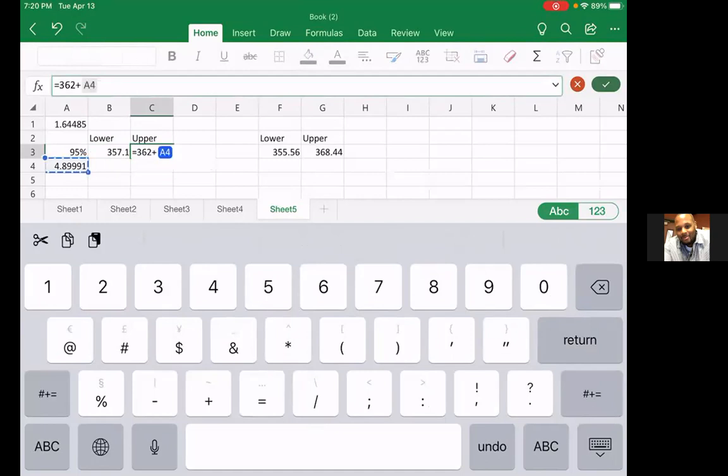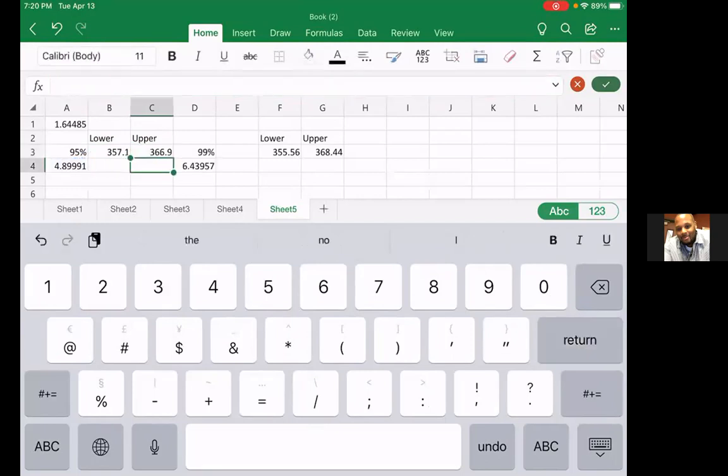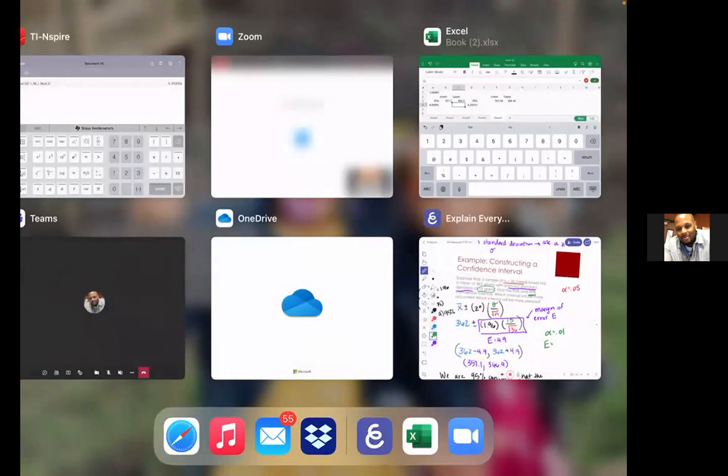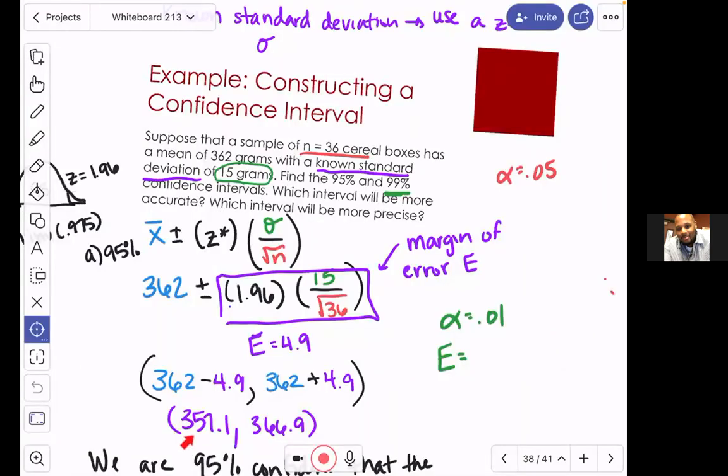And if you go look at what we calculated by hand, we got 357.1 to 366.9. Excel gave us the same, 357.1 to 366.9. So all Excel is going to do is calculate the margin of error for you. And once you have the margin of error, you just need to add and subtract it from the actual mean value.